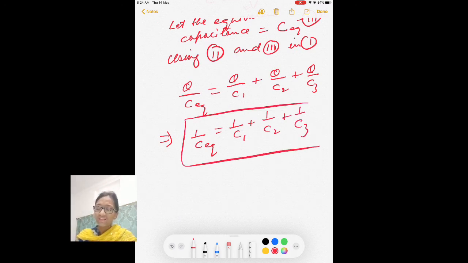So this is the equivalent capacitance of the combination of 3 capacitors.